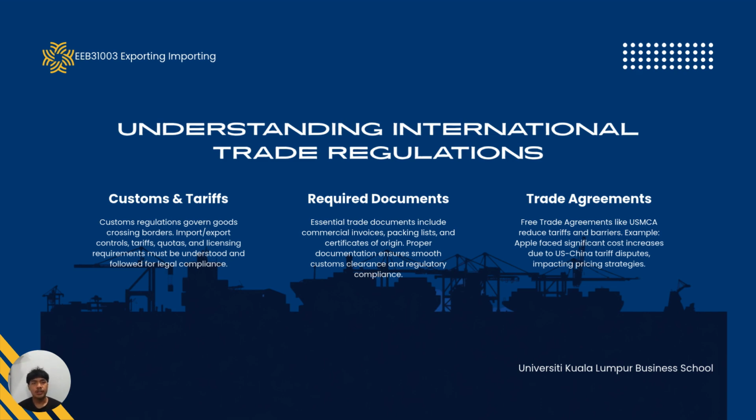Proper documentation such as commercial invoices and certificates of origin ensures smooth customs clearance. Free trade agreements like the USMCA reduce tariffs and barriers, although companies like Apple have faced challenges due to tariff disputes between the US and China, which impact their pricing strategies.